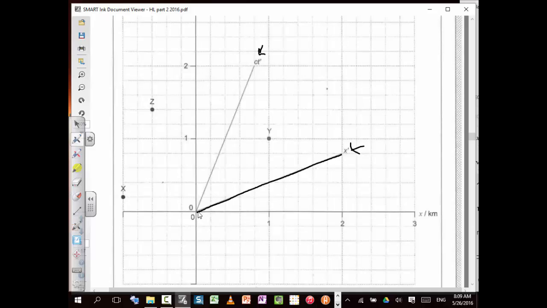Okay, so this line has a gradient of 2 over 5. So if we go across 5 and up 2, and across 5 and up 2, we're going to pass through the 2 points. So these 2 points are going to be simultaneous. So we can draw a line here. All events on that line are going to be simultaneous.